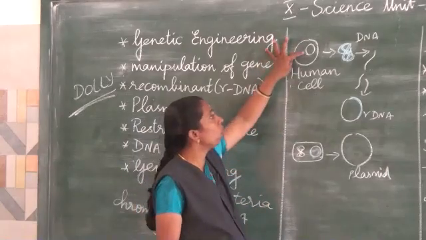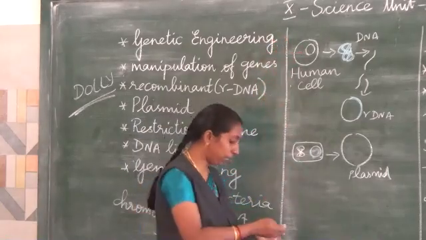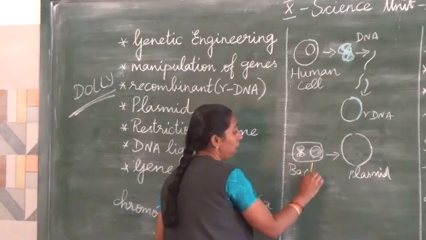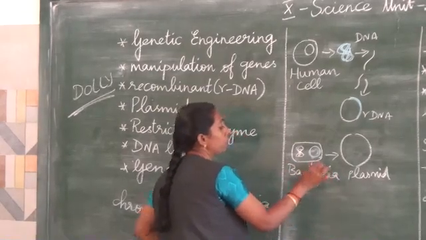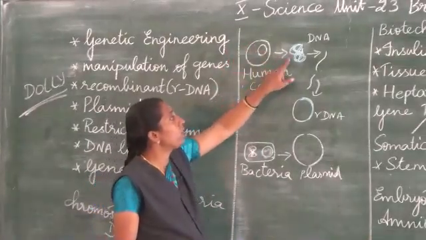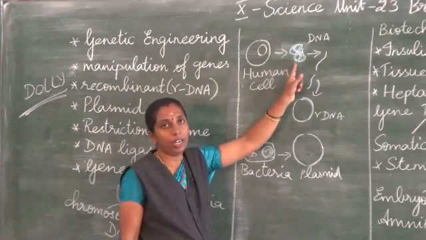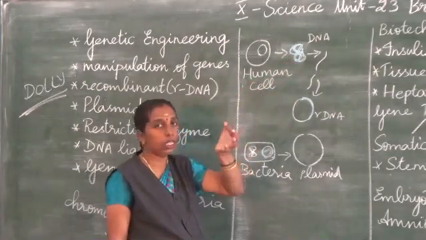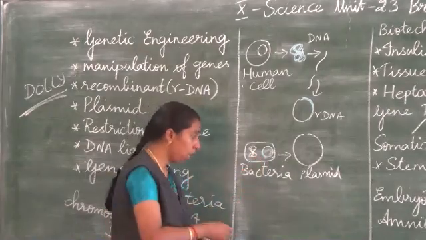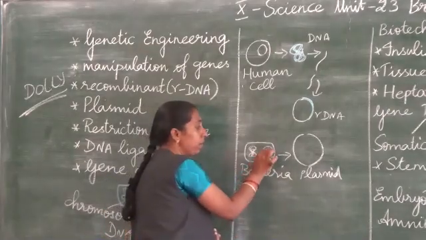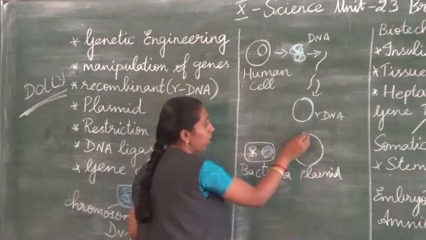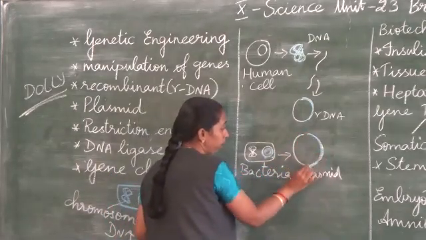Here this is a human cell and this is a bacterium. In the human cell, the circular DNA is collected, the desired gene is collected. And in bacteria, as I told you, a circular plasmid is present. So here this is a plasmid.